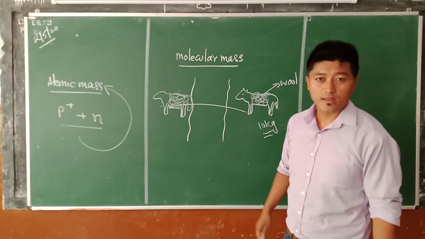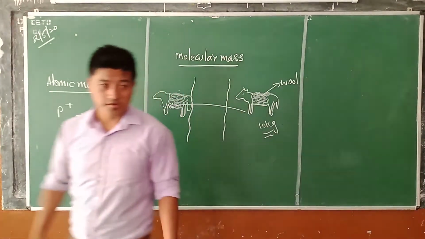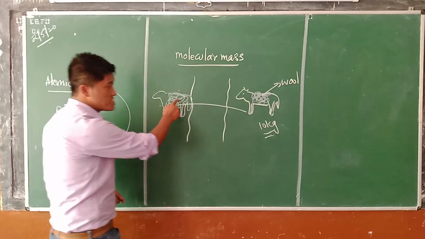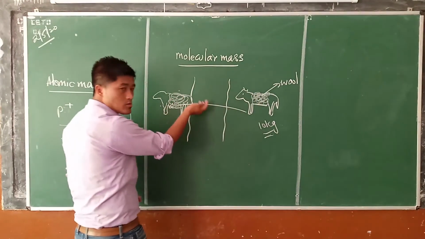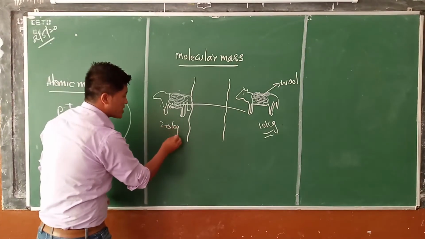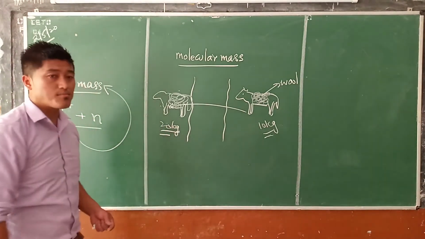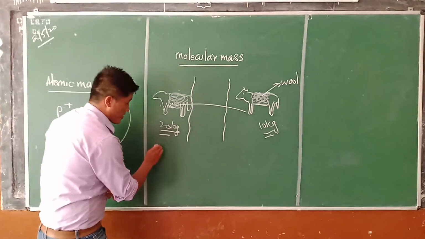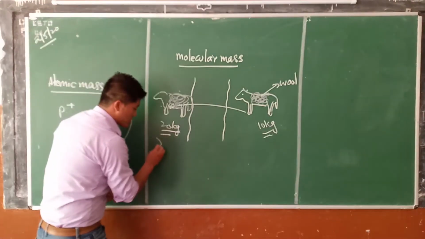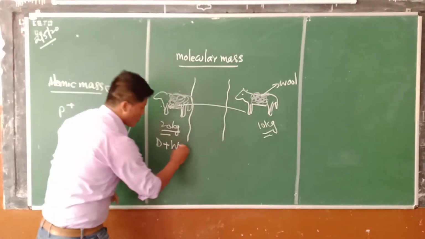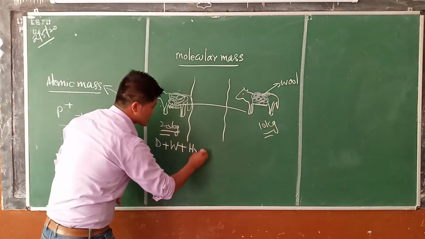That's not the case, right? It is going to become much heavier, because the wool is going to absorb all the water. So we will come across something like 20 kg. That means it has become heavier because there is the donkey, the animal itself, plus wool, plus water.